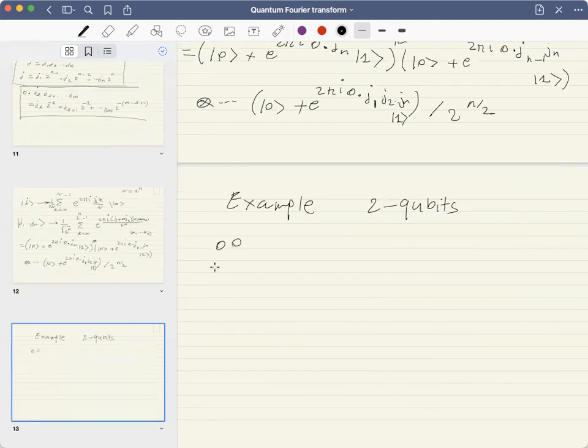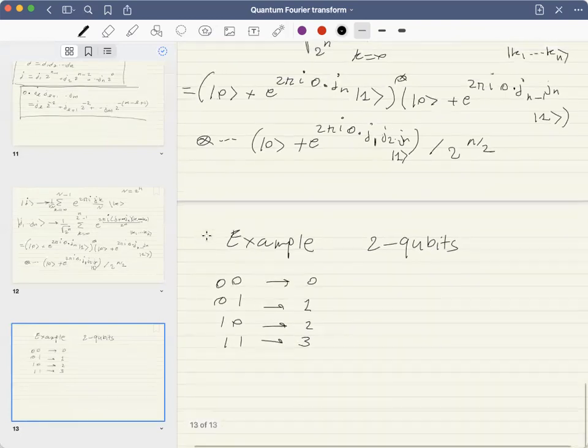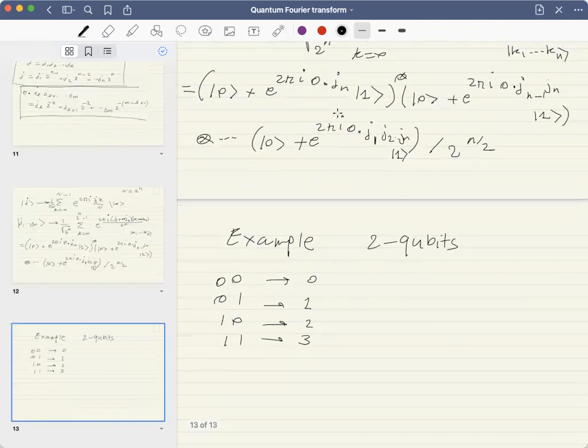The states are going to be 00, 01, 10, 11. These are 0, 1, 2, and 3. So let's try to construct that. So now little n is equal to 2. So I would have 1 over 2 to the power of 1, so 2 to the n over 2.